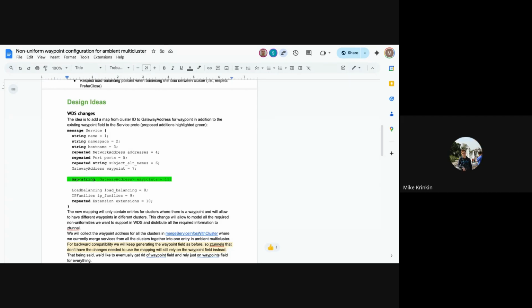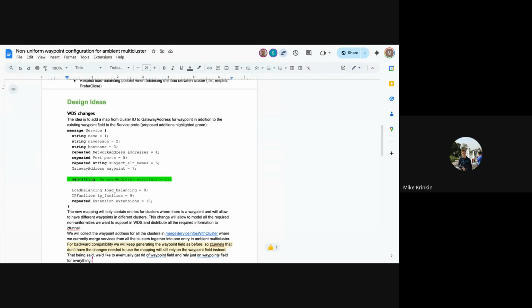Yeah, so basically we pick a cluster, and there is a section about how we do that. If that particular cluster has a waypoint, we will route the request to the waypoint, and if it doesn't, we will send it directly to a workload, to a pod. So that's the behavior with this change.